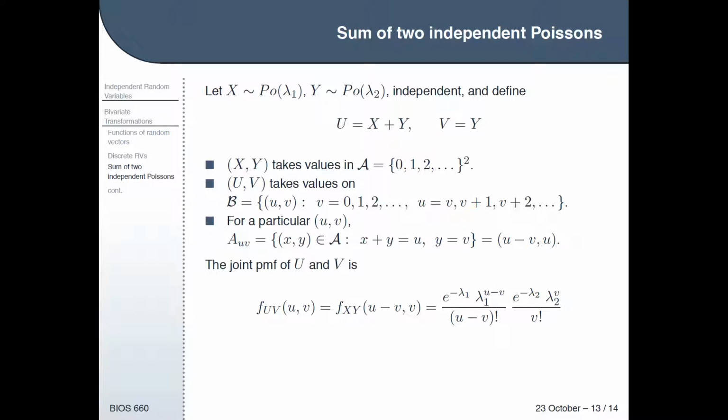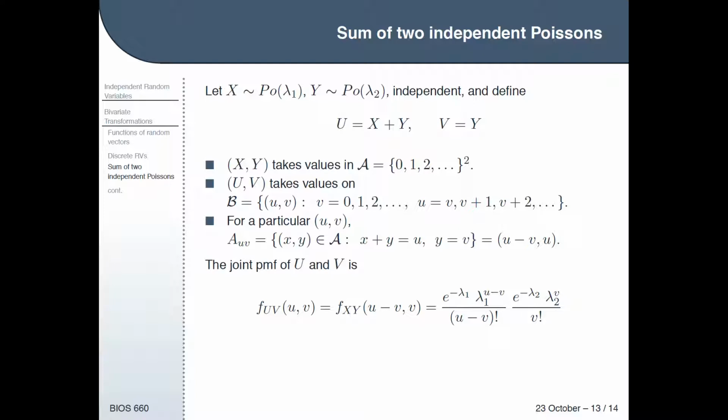So we take the marginal for x, the marginal for y, and then plug in u minus v for x and v for y. So the right-hand piece there, you can see, is just the PMF for a Poisson with rate parameter lambda 2 evaluated at v. The first piece is exactly the same sort of thing, only rather than an x, we substitute in u minus v for x everywhere we see it.